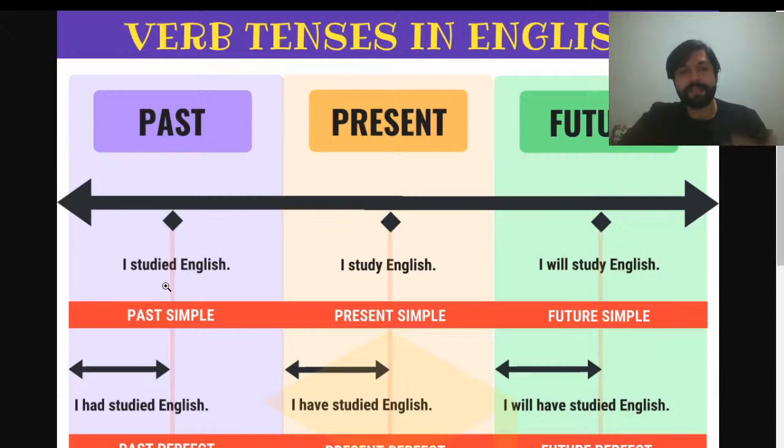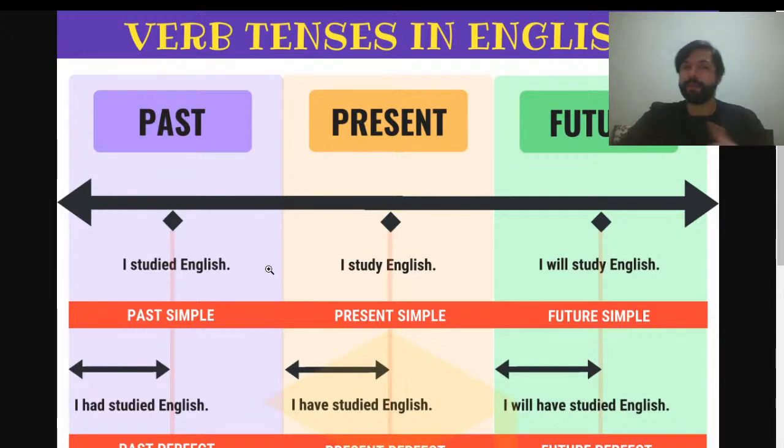It's the verb, studied. So studied is the form of study in the past. Okay, so we don't have time expressions like studied English yesterday, last night. Just the verb is enough. In the present, it's because the verb is in the present. So I study English. Okay, I study English.